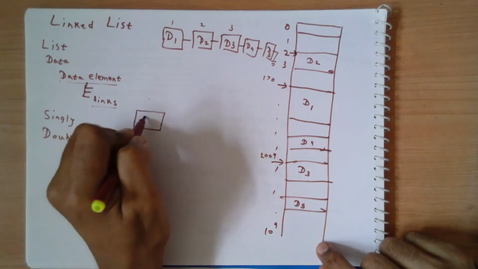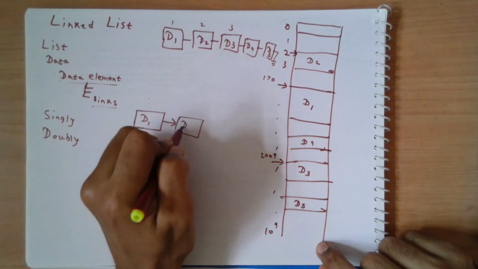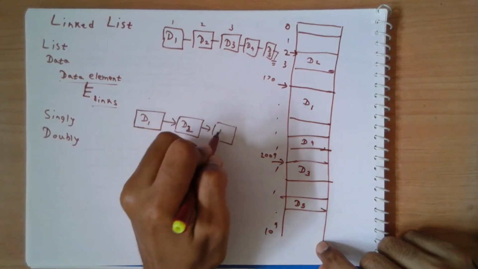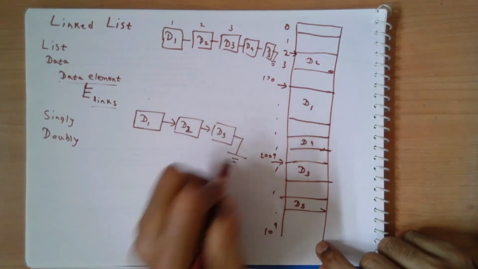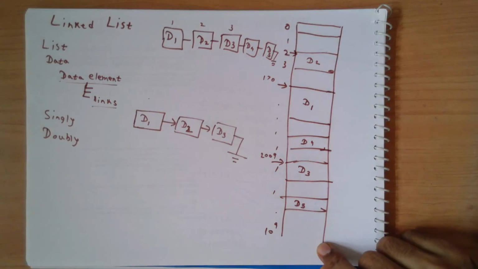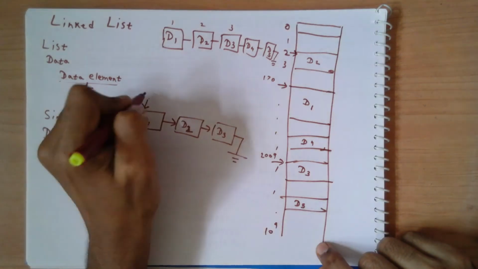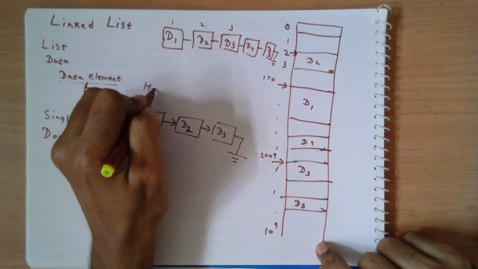I have D1, and the next element in the list is D2, and then the next element is D3, and for D3 there is no next element, so in that case we'll say it is null, and we'll show it with this symbol. So this is my singly linked list, and I'll show that this is the beginning of the list. Okay, so I'll call it, say, the head of the list.